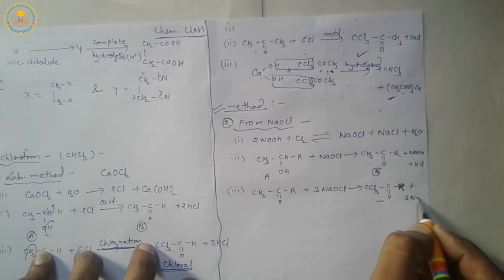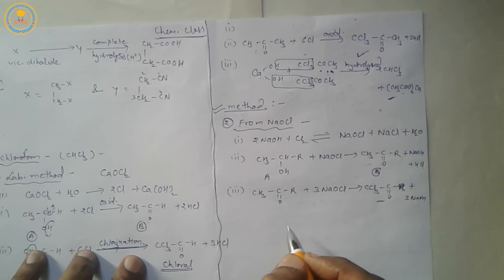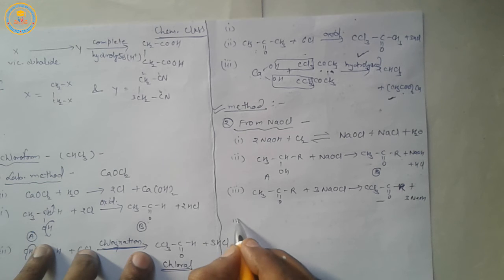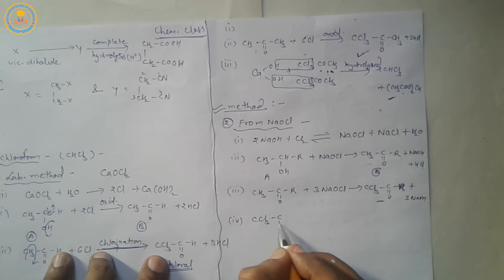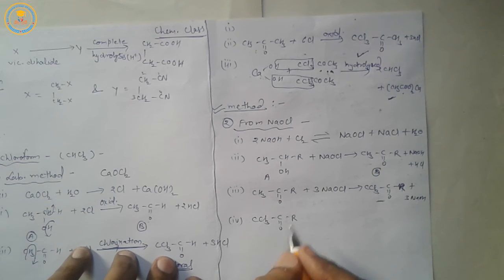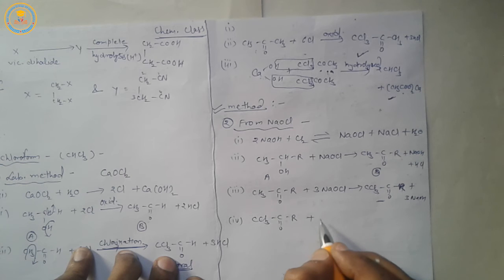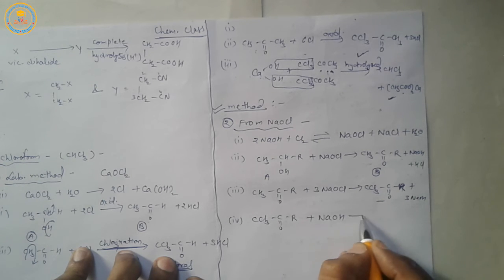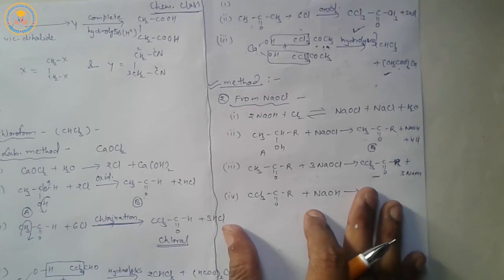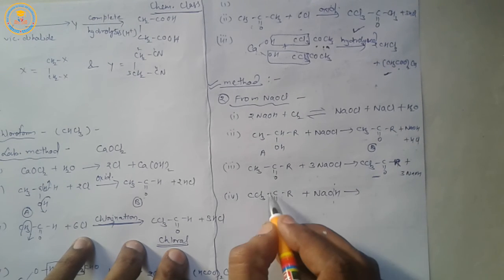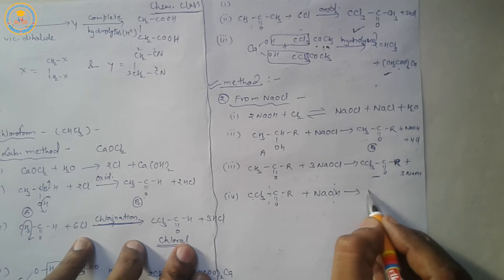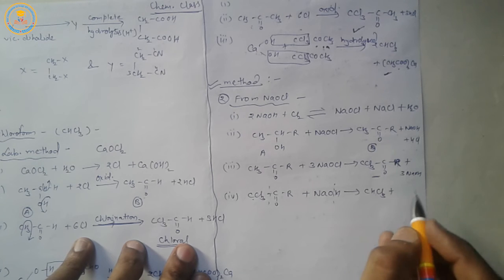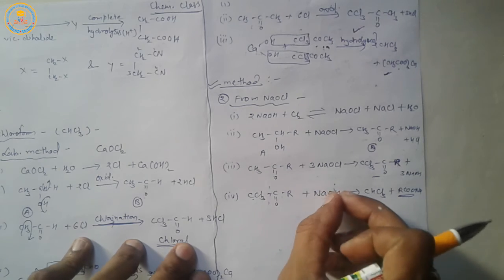Here 3 molecules of NaOH are removed. Now in the fourth step, the trichloro derivative of compound B reacts with NaOH, then chloroform is obtained. Hydrogen connects with CCl3, and chloroform is obtained after removing the sodium salt of a monocarboxylic acid.